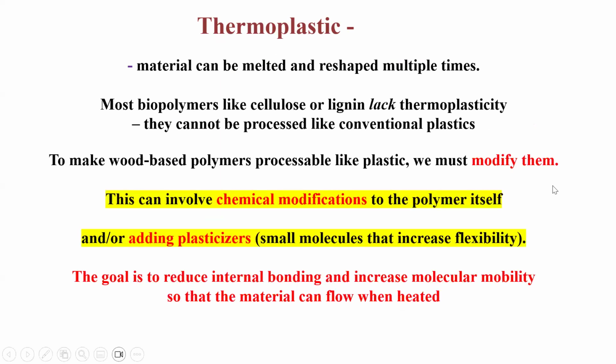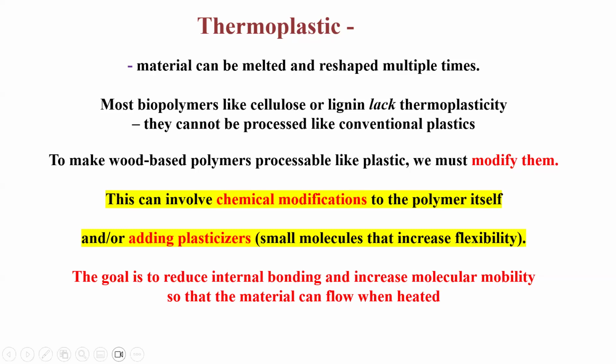So to make wood-based polymers processable like plastic, we have to modify them first. And this can involve chemical modifications to the polymer itself, or also adding plasticizers, which are small molecules which then increase the flexibility.